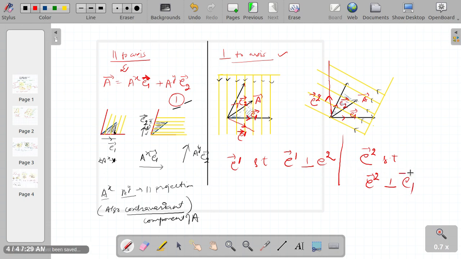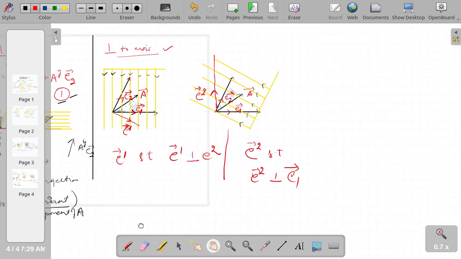This is the one condition which they must follow. Let me club this diagram.